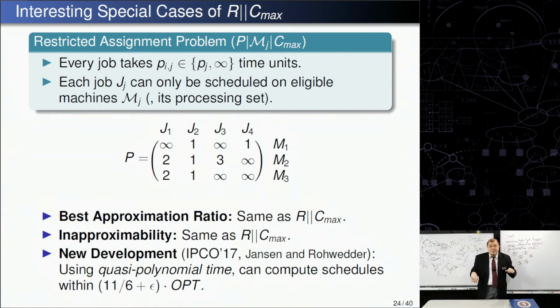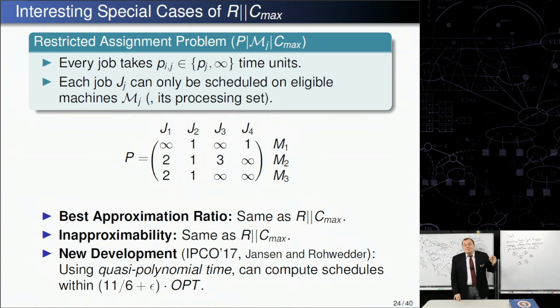However, the neat thing about that result, this is from Jansen and Rohwedder from 2017 at IPCO, they've shown that if you don't just use polynomial time, but you use quasi-polynomial time, so this is an example of sub-exponential time as opposed to polynomial, something in between polynomial and exponential time, you can actually build schedules where their makespan is no worse than 11/6 plus epsilon times the optimum.